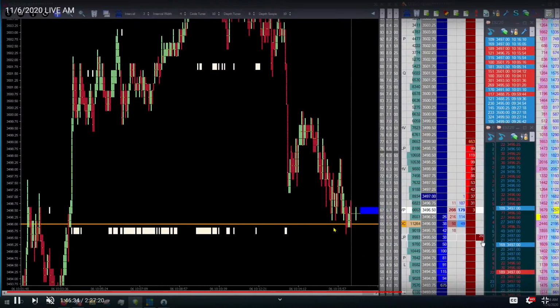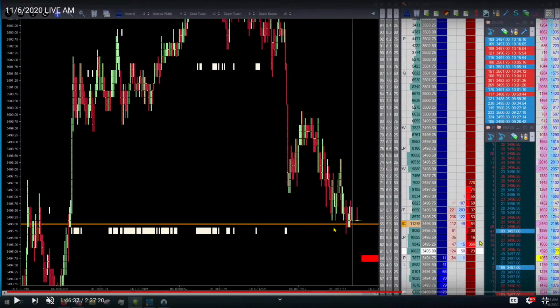I need to look at that loss again. Oh my god. You know what happened? I hit the flat key right before that happened. But what's crazy is it still counted it as 10 ticks going against me.